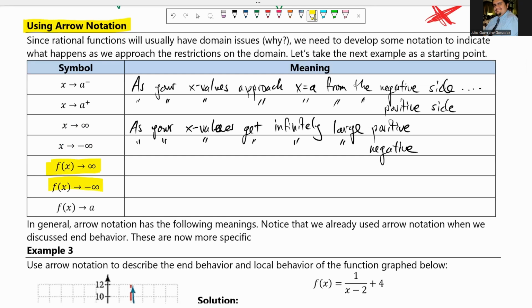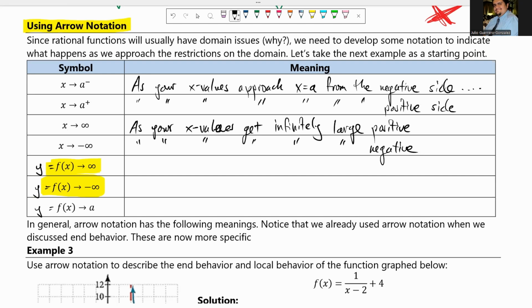Remember how I said mathematicians are lazy? This is how they do it. This is the notation that they use. We know from a couple of chapters ago that this is equal to y. Whenever we say f of x, we're referring to y values.